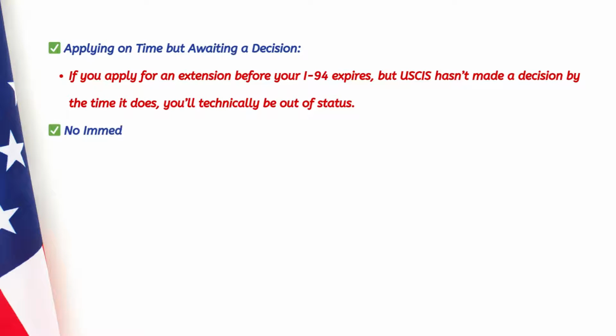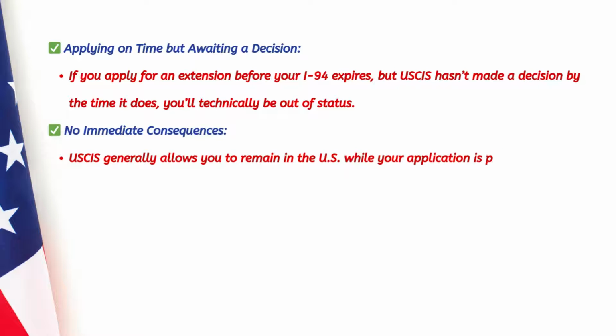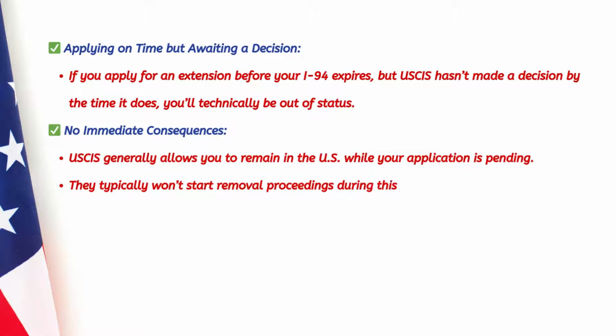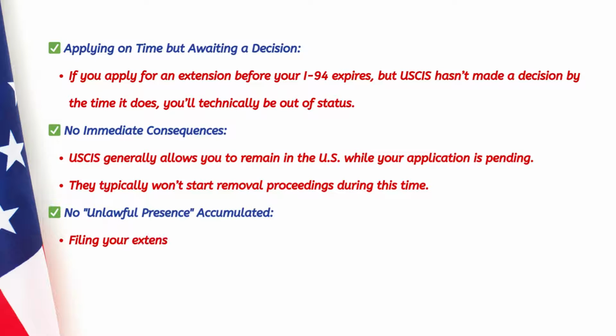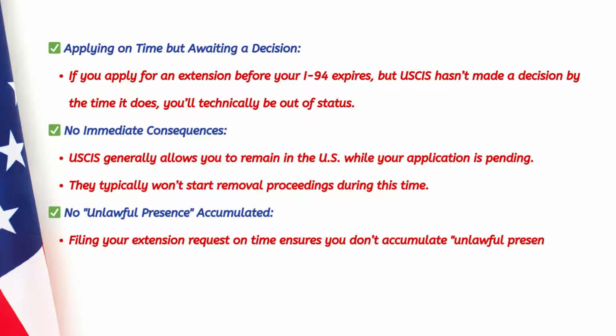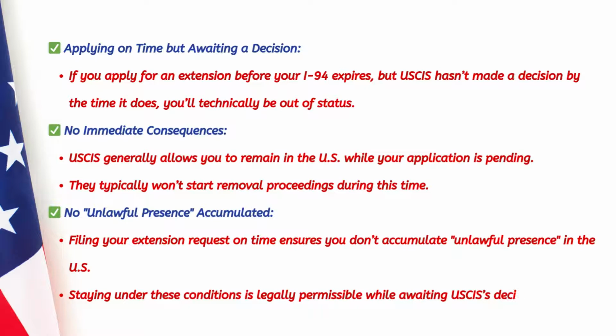But don't worry, USCIS will usually let you stay in the United States while they process your application, and they won't immediately start removal proceedings on you. Now, even though you are technically out of status, you won't accumulate unlawful presence in the United States as long as your extension request was filed before your I-94 expired.